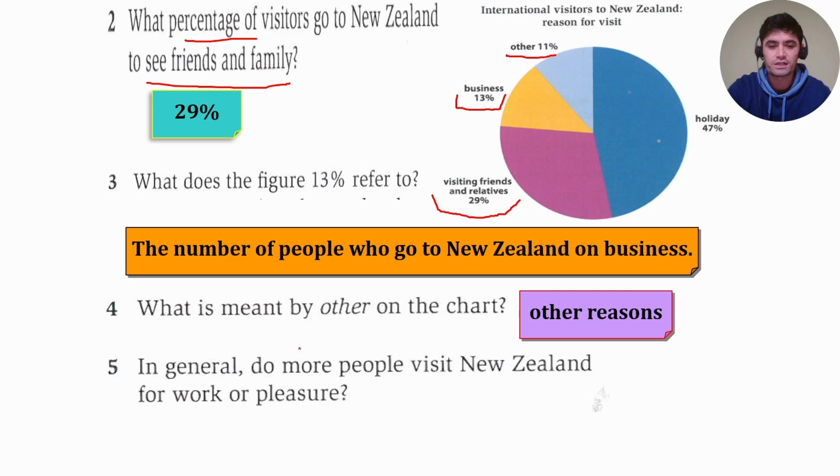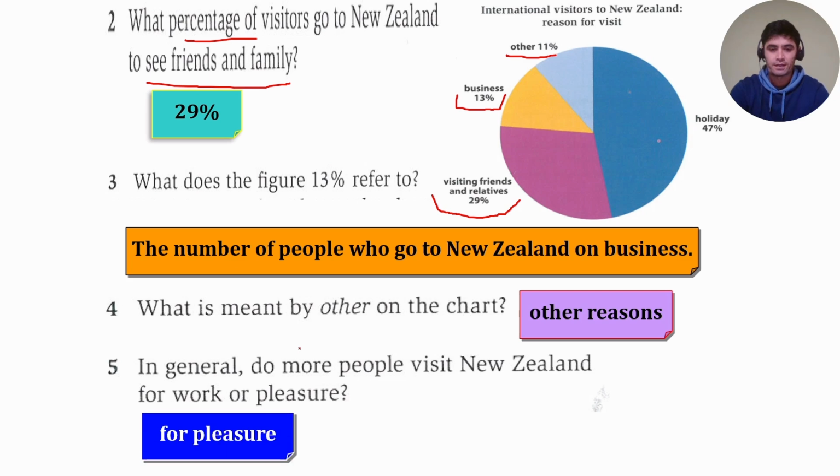Next question, in general, do more people visit New Zealand for work or pleasure? Yes, that's correct. More people visit New Zealand for pleasure because we saw that 47% of people visit New Zealand for holiday.